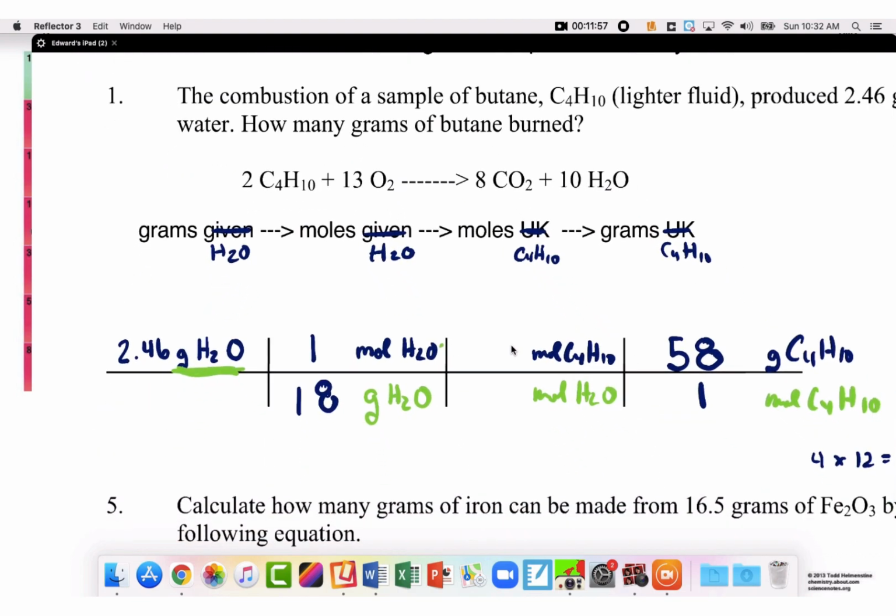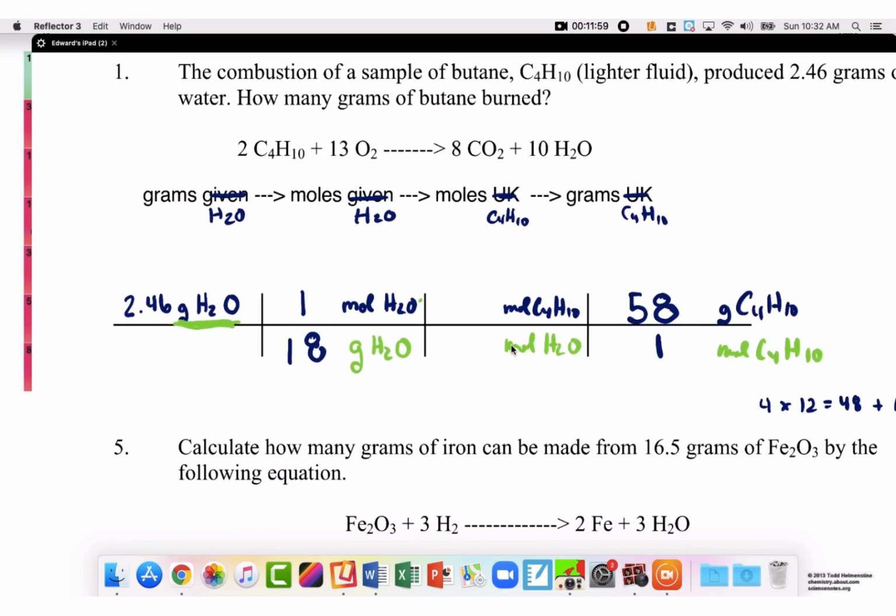What that balanced equation stands for is a ratio of moles to moles, right? So if we have 13 moles of oxygen, that means we have 8 moles of carbon dioxide. If we have 2 moles, and this is the big one, of butane, that means we have a ratio of 2 to 10 moles of H2O.